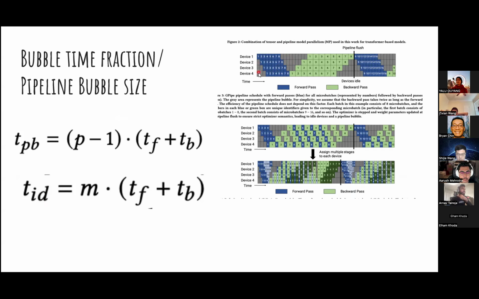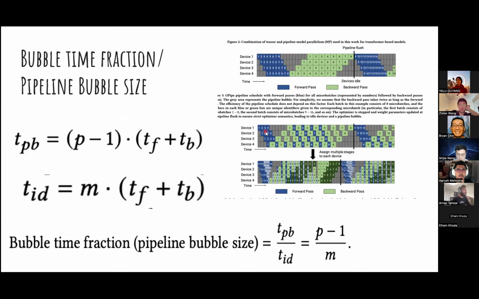Device 1 works on the second microbatch, device 2 works on the first microbatch, device 3 and 4 are idle. So at the start of the process, when the first few microbatches are entering the pipeline, the latter stages are idle. And at the end of the process, when the last few microbatches are completing their backward passes, the earlier stages are idle. That's why the time to process a microbatch is not actually equal to the ideal time that we would like a microbatch to be processed in.